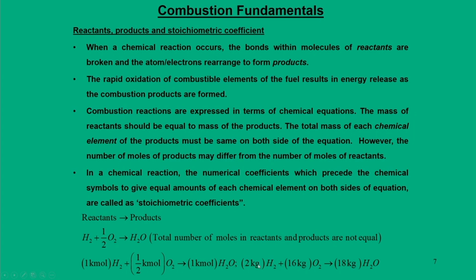So in a balanced chemical reaction, the stoichiometric coefficients are not the same. In this equation, 2 kg is the stoichiometric coefficient for hydrogen and 16 kg is the stoichiometric coefficient for oxygen, and these 2 kg and 16 kg match up as 18 kg of water.